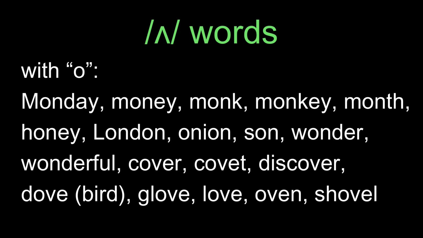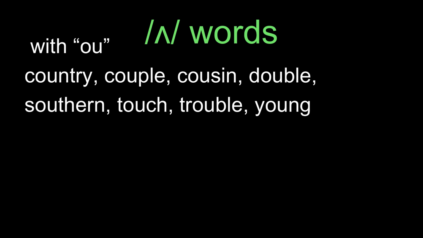With O: Monday, money, monk, monkey, month, honey, London, onion, son, wonder, wonderful, cover, covet, discover, dove, glove, love, oven, shovel. With OU: country, couple, cousin, double, southern, touch, trouble, young.